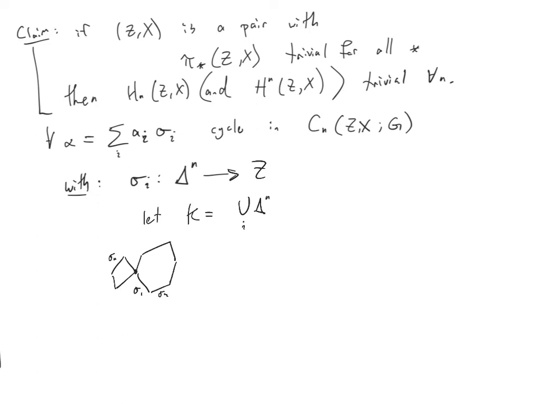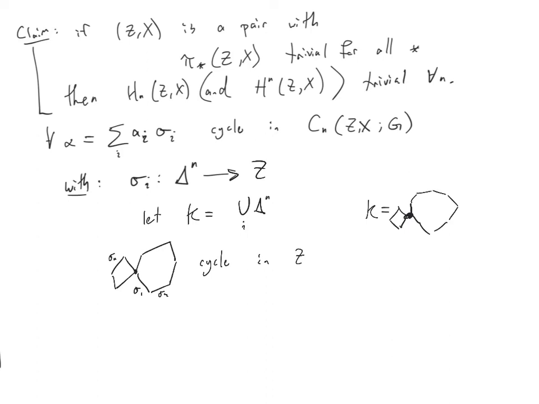What I'm drawing is the image in X, cycle in Z, and then K is going to look like this. Because four of these simplices have the same points, it's going to identify all of those edges together, all of those faces together.